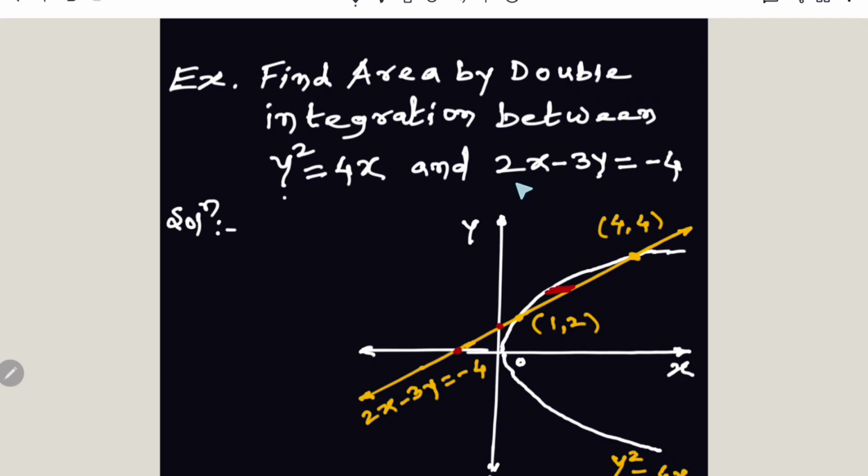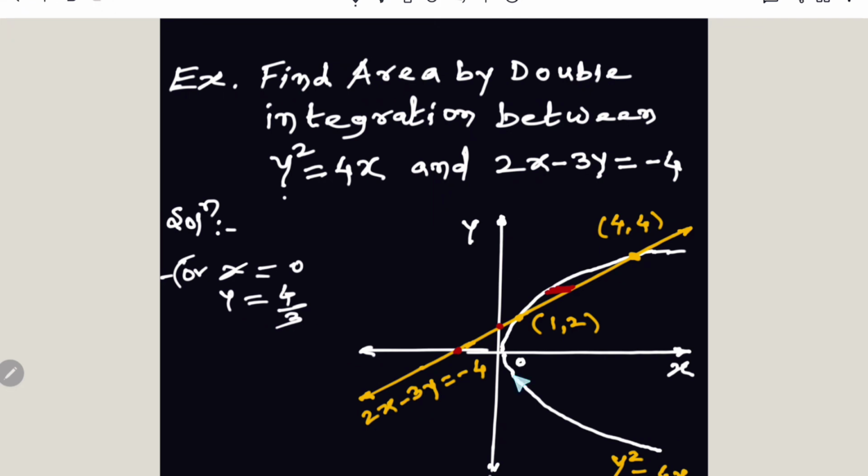And to draw that second line, we require two minimum points. Put x is equal to 0, we get minus 3y is equal to minus 4, means y is equal to 4 by 3.